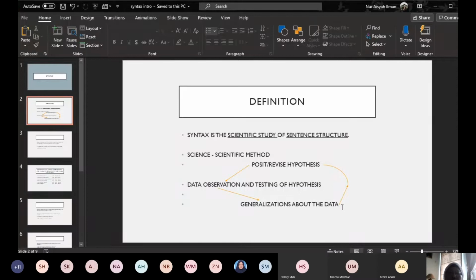Maknanya the generalization that we make will enable the hypothesis to be revised. Maknanya tak ngam lah tu. Mesti ada sesuatu yang tidak tepat tentang data itu, maka hypothesis itu perlu diubah, ditukar, to revise. Basically, this is what we do.